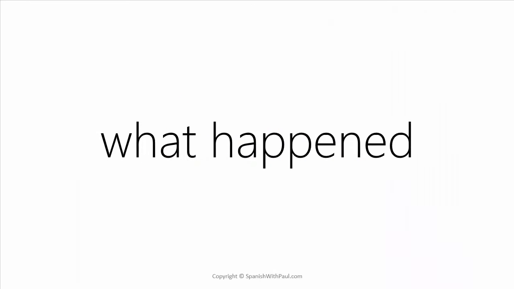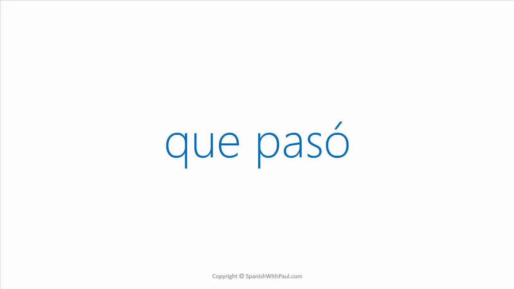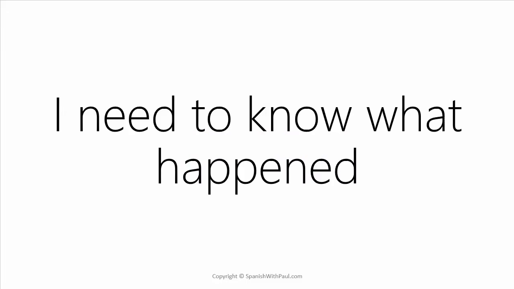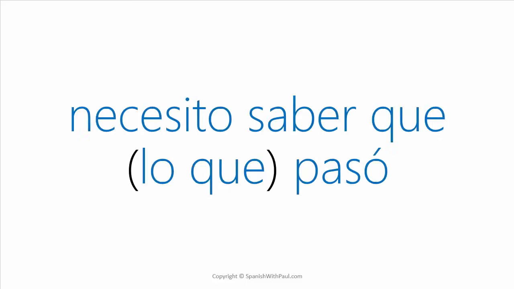In previous lessons, we've looked at how to express what happened. Can you remember that? ¿Qué pasó? Now, how would you say, I need to know what happened? Necesito saber qué or lo que pasó.